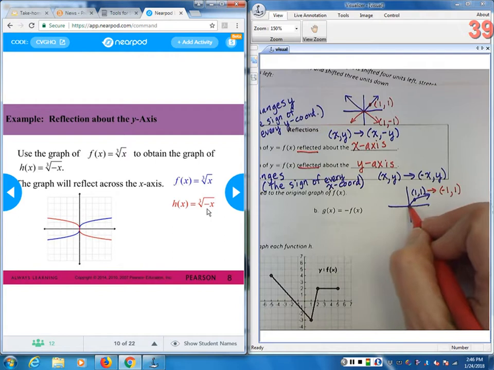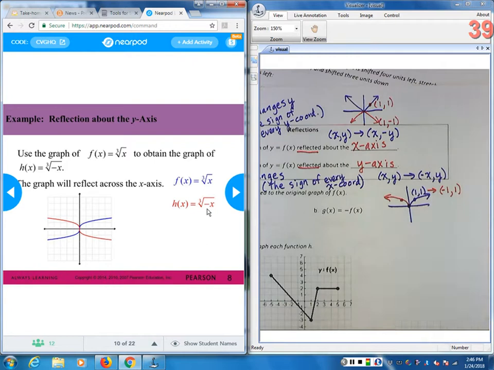And 0, 0 stays where it is. That's flipped about the y-axis. So there's a typo on our slideshow, but the graph they chose to show you would have looked the same no matter which way it was reflected. But that should say y-axis.